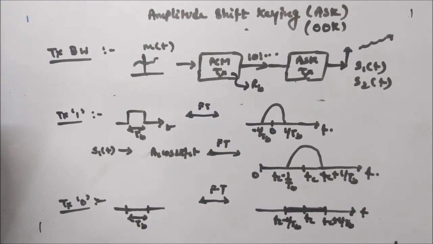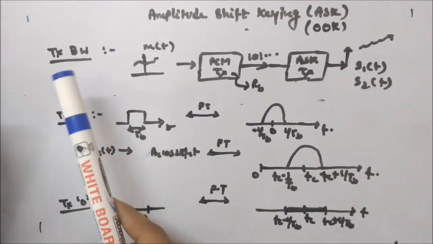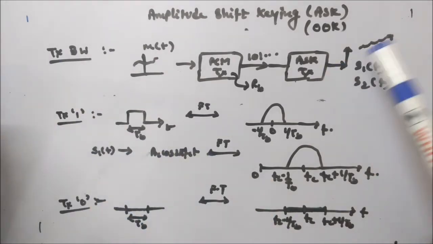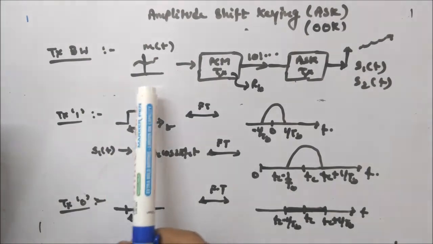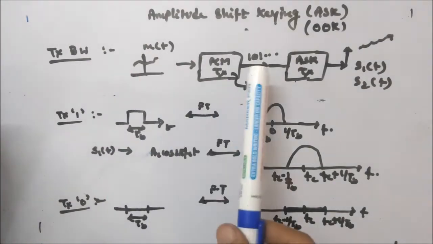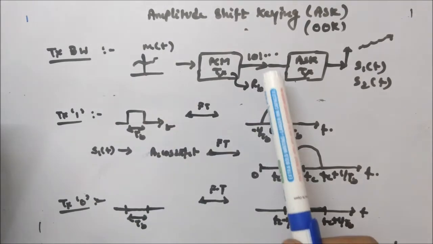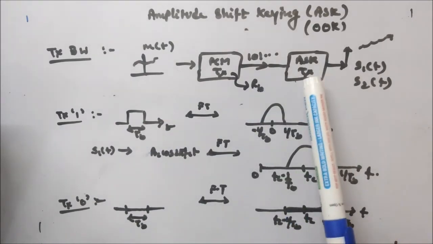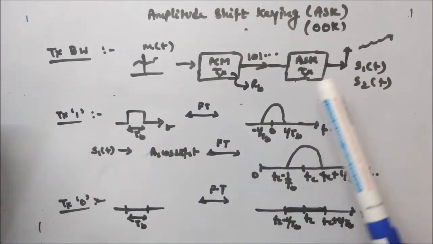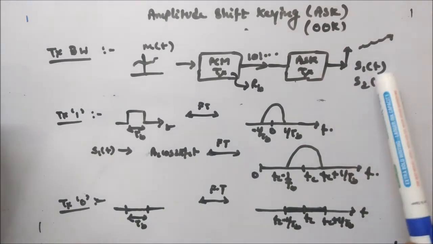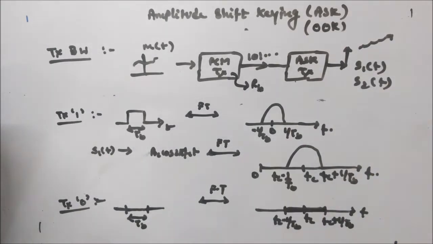So let's talk about the transmission bandwidth. What will be the bandwidth of the transmitted signal which you transmit from the modulator? You had your message signal that is converted into a digital signal by PCM transmission, and then it goes to a modulator which is the ASK transmitter, and it goes to free space as S1(t) or S2(t).